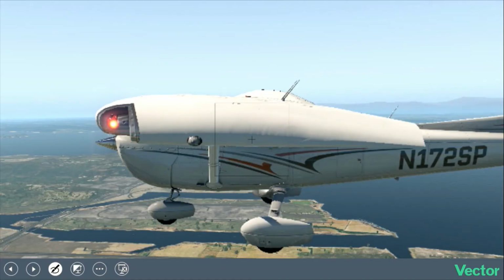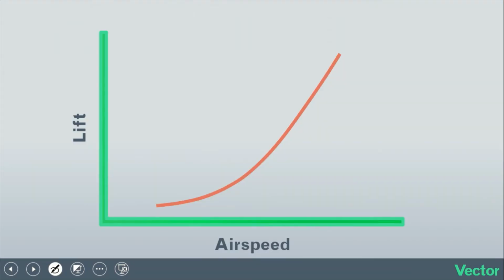Simultaneously, at a higher airspeed, the air is going to accelerate up and over the upper surface even faster, which results in even lower pressure. That means a greater pressure differential. So that means a greater difference in the lower pressure above the wing and the higher pressure below. Greater pressure differential means greater amount of lift. So as we increase airspeed, lift also increases.